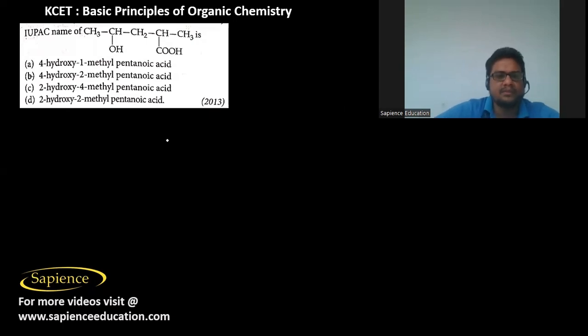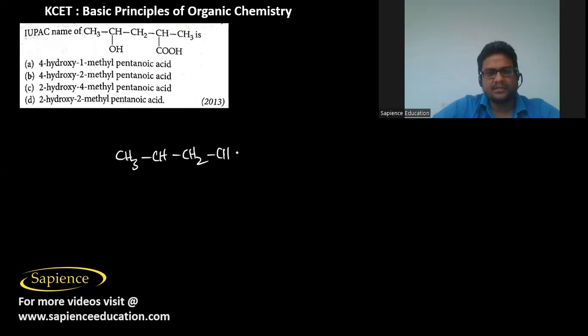The IUPAC name of this compound is what? Okay. So here, this is CH3, CH, CH2, CH, then CH3, then COOH, and this is OH. Here the carboxylic acid group is more senior than the hydroxy group, the alcohol group. So we have to take the longest carbon chain, including the senior functional group. So this will be 1, 2, 3, 4, 5.